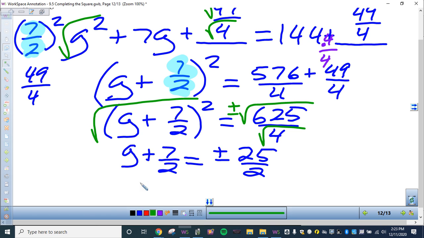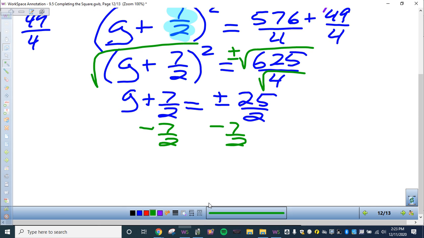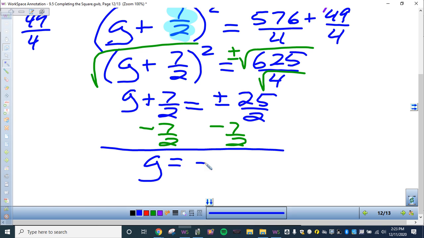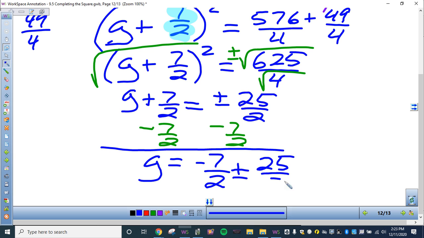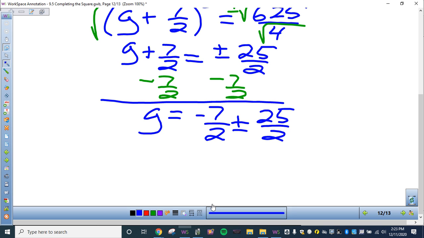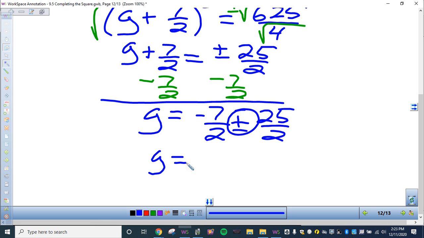When you subtract the 7 halves from both sides, you have to do it like this. You can't just do 25 halves minus 7 halves. The reason is that plus or minus is in the way. So you just have to write it out and then do the math.